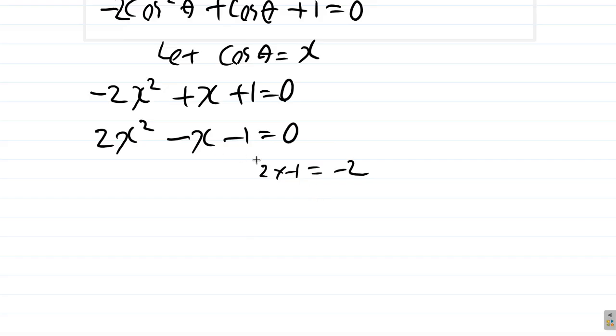That's A times C. Two numbers that multiply to give negative 2 and add to give negative 1 would be what? That would be negative 2 and 1. Negative 2 plus 1 is negative 1. Negative 2 times 1 is negative 2, right? So you could use those in your factorization.